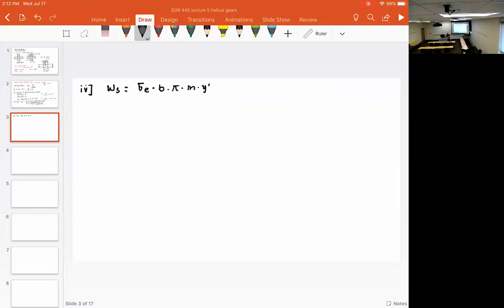Sigma E is the endurance strength of the material, B is the face width, M is the module, and Y prime is the Lewis form factor for the helical gear. As you know, the next step is to find out the value of WW, which is the wear load. This wear load equation will also have a cosine alpha term.